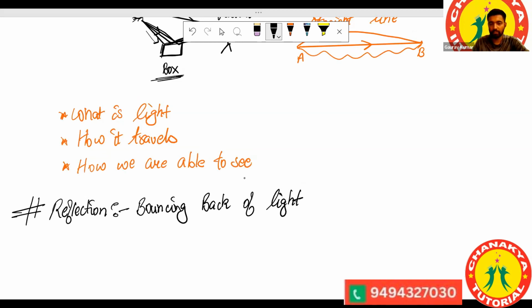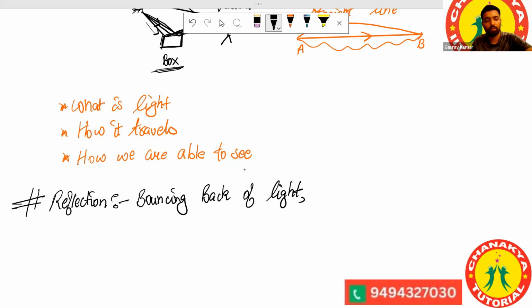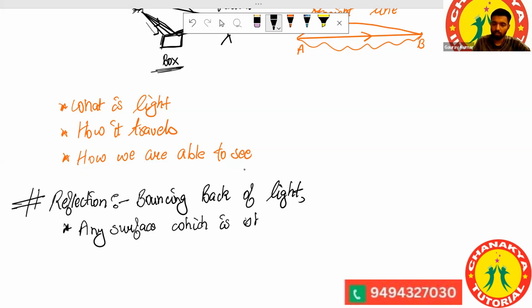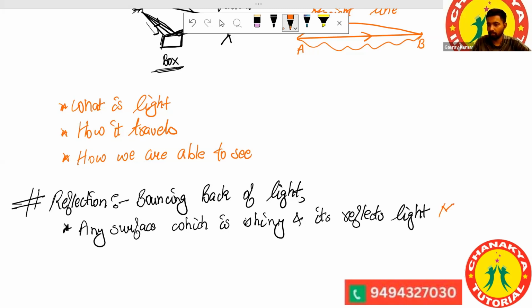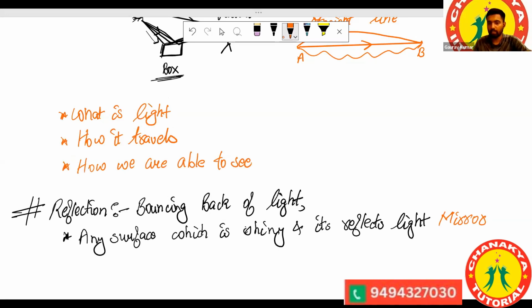And any surface which is shiny and reflects light is known as a mirror. So any well polished surface or shiny surface acts as a mirror.